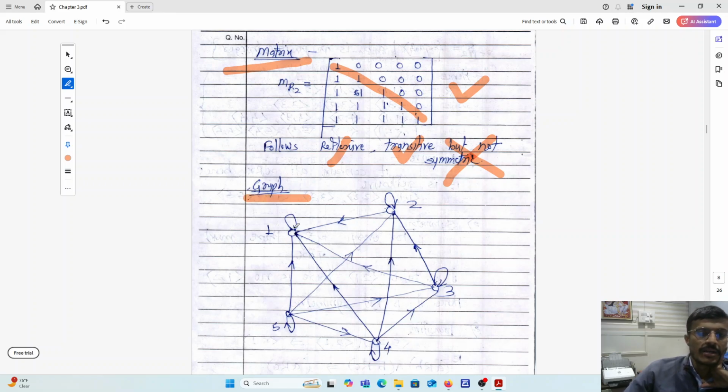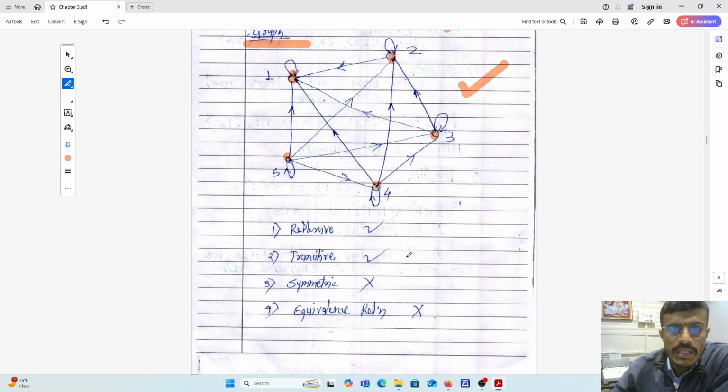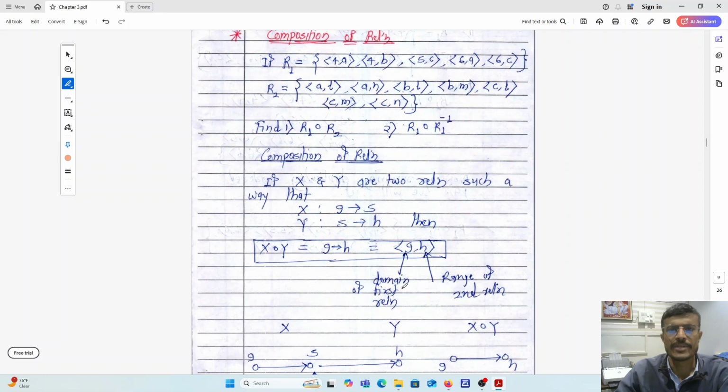As it contains 5 nodes, you can take 1 2 3 4 5. So that is the graph representation for the given relation. You can see it follows the reflexive property and transitive property, not the symmetric property, hence it is not an equivalence relation. So keep in mind, these two examples are crucial for your examination.